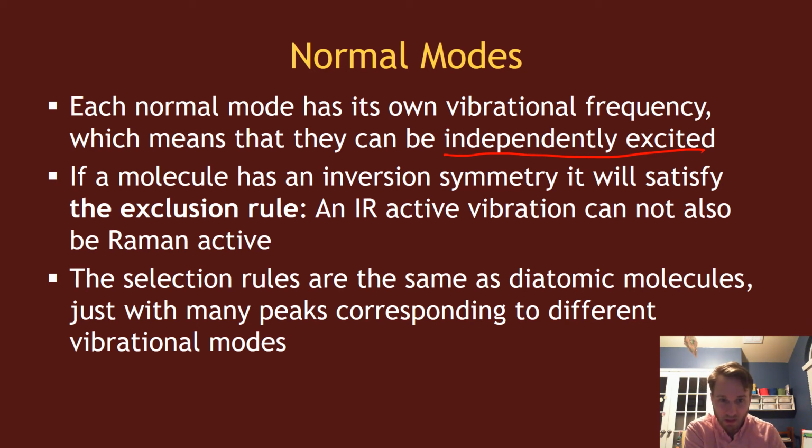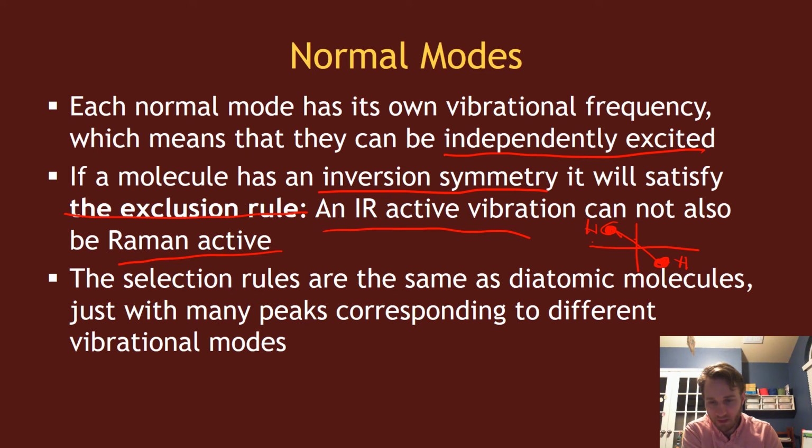A couple of other notes: if a molecule has inversion symmetry, it will satisfy what's called the exclusion rule, meaning if the vibration is IR active, it will not be Raman active as well. Inversion symmetry is, for example, something like just H2, 2 hydrogens.